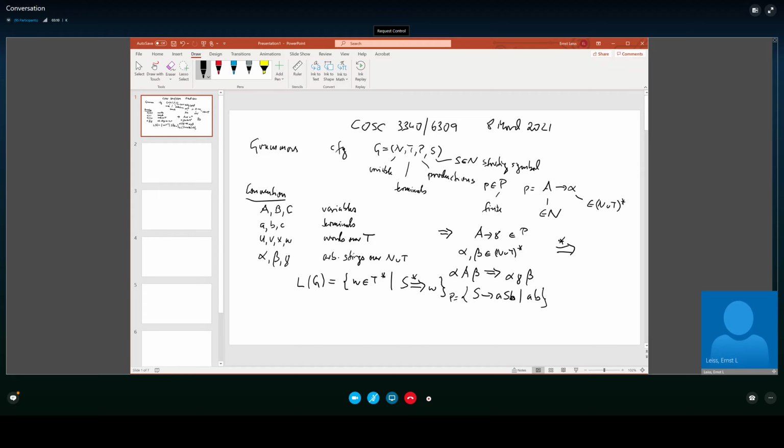Capital S is the only variable. That means S is obviously the starting symbol. And so we have these two productions, and that grammar then generates a to the n, b to the n, n greater or equal to 1. These are the only strings that are over the terminals only.